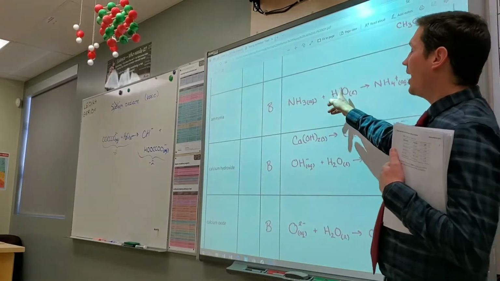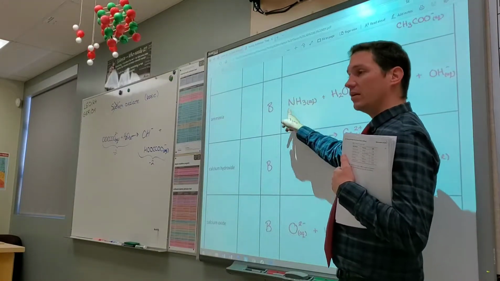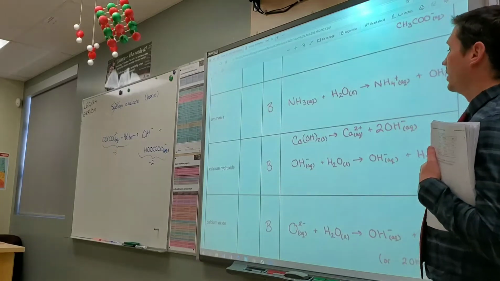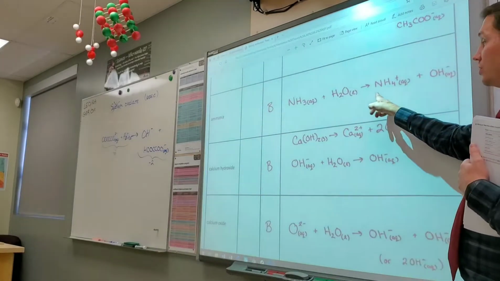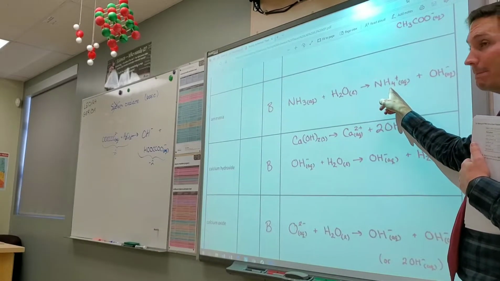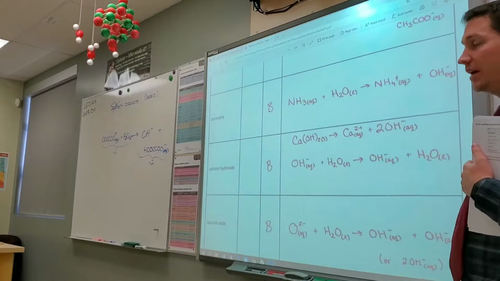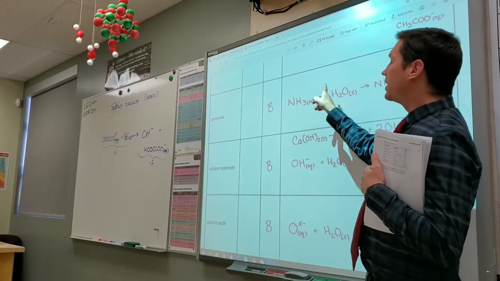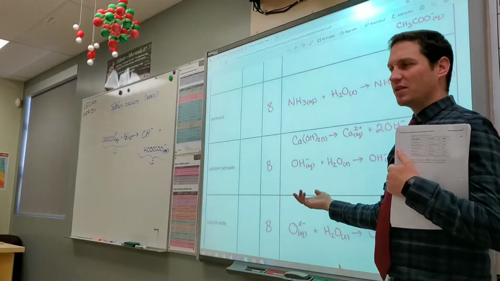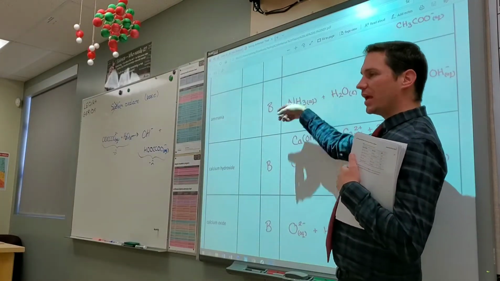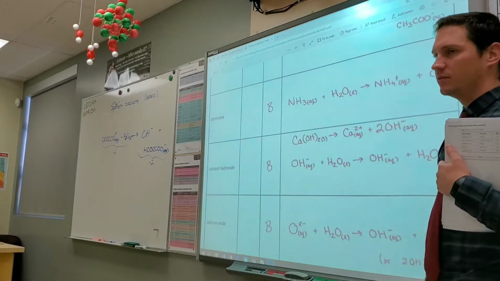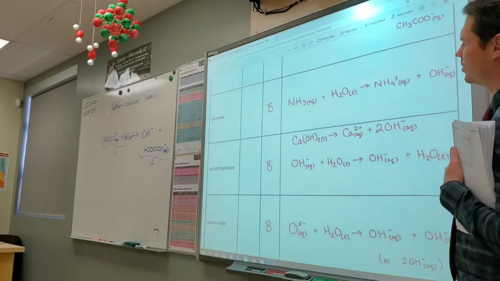So that means the hydrogen must have been stolen by ammonia, and so the ammonia turned into ammonium, right? All the charges should balance out, right? If you're neutral and you gain a positive, because protons are positive, what charge do you turn into? Positive. Yeah, you turn into a positive.